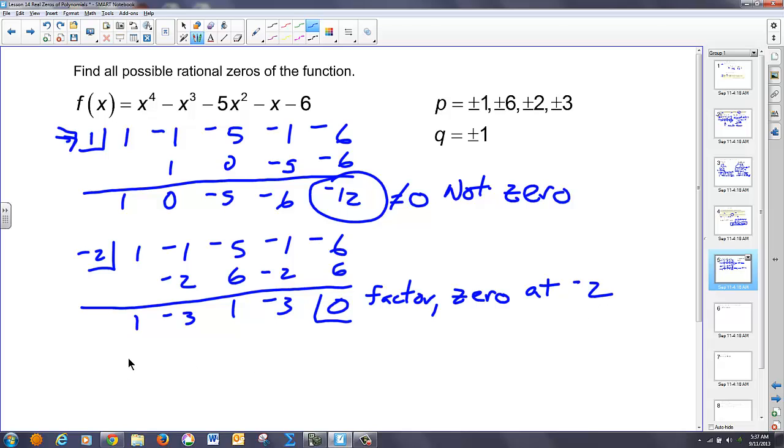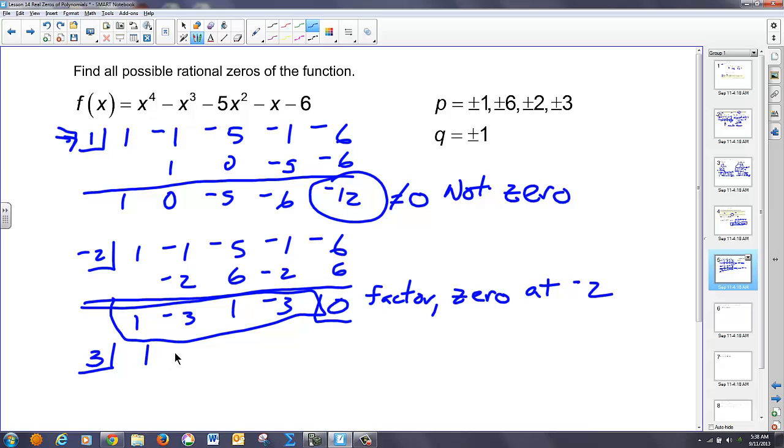Just do another one for kicks. Let's guess at, I'm going to go 3. Now, here's what I'm going to do instead of plugging this into the function that's originally here. If I know -2 is a factor, then when I write out my factored function, this is what's left after I divide x plus 2 in.